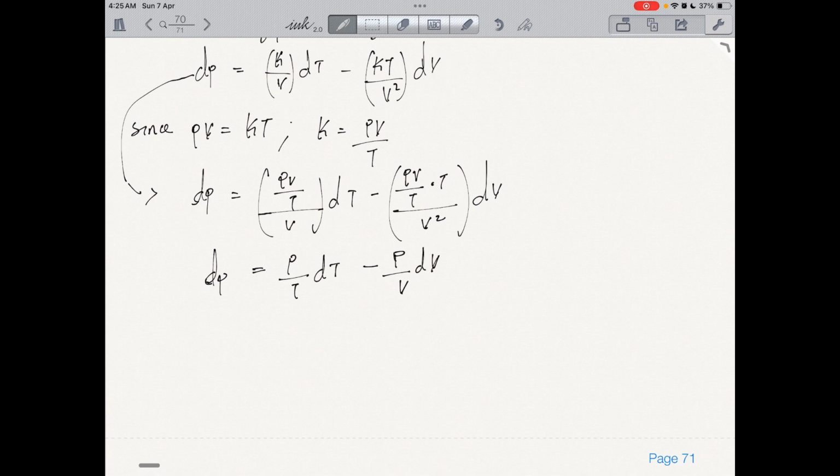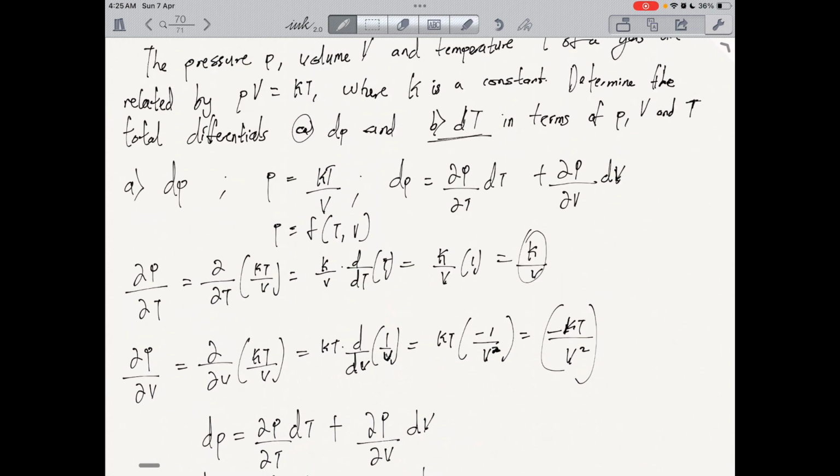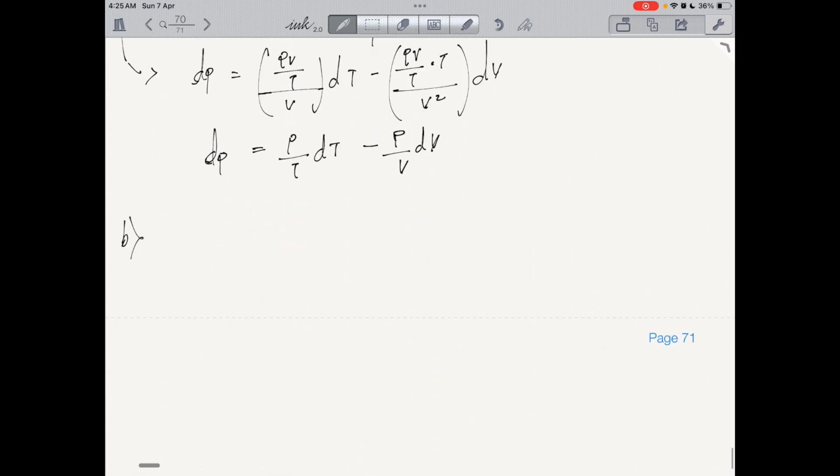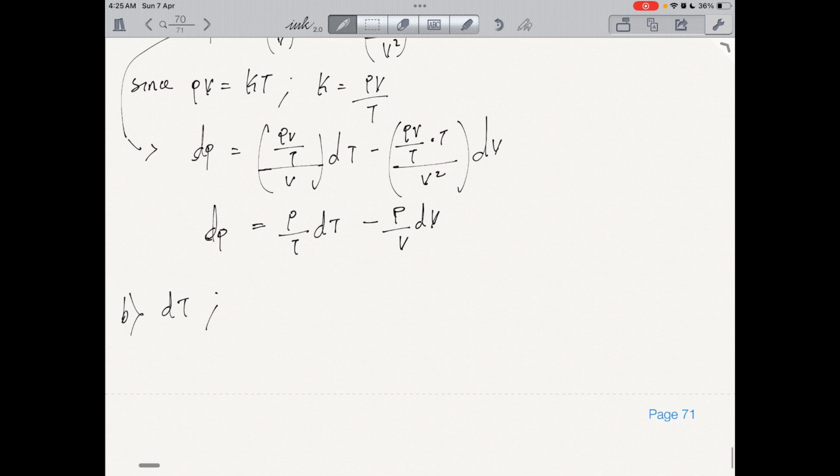Now this is just one part of the question. Let's move to the next part, where we are required to evaluate dT. The first thing we have to do is make T subject of the formula in the equation given.